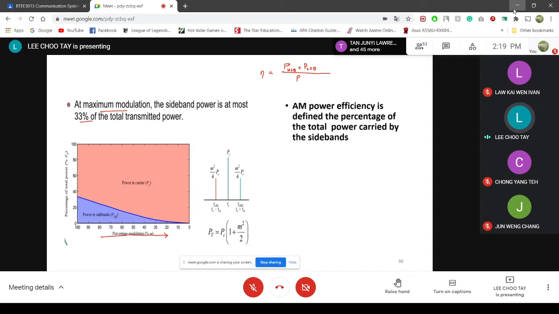As far as calculation is concerned, if you come across any question that requires calculation, and you are using any equation, please write down the equation first. Because in case your final answer is wrong, at least you still get marks for your equation.